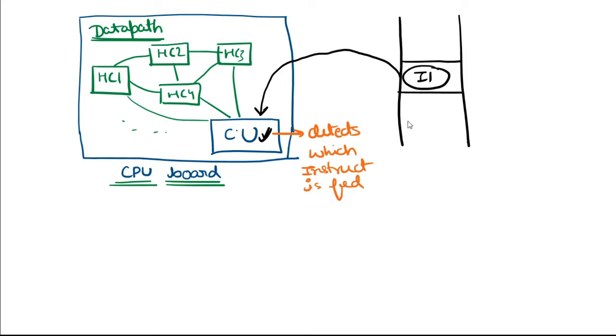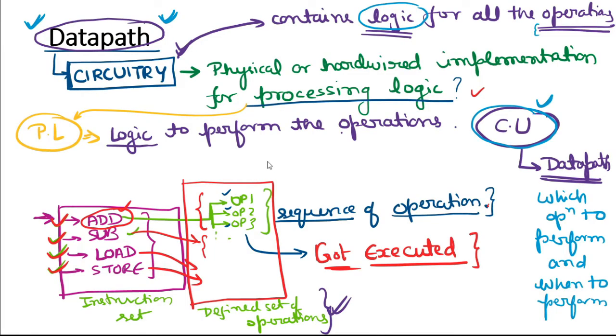That means whether this was an add instruction, a subtract instruction, or what exact instruction this was. After getting the information of this instruction, the control unit also has the definition of each instruction. What is the definition of an instruction? The sequence of operations, right?